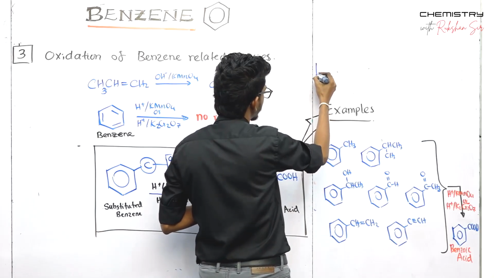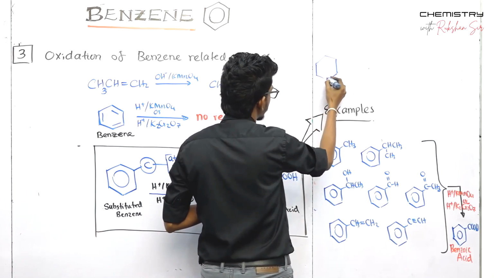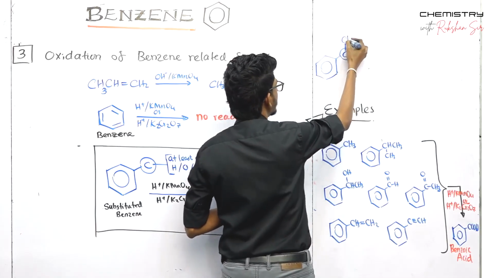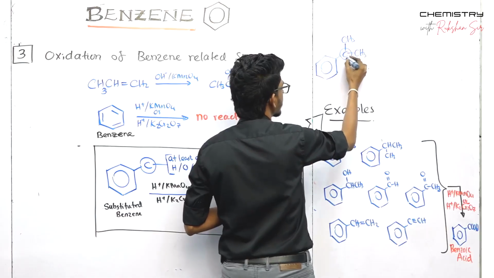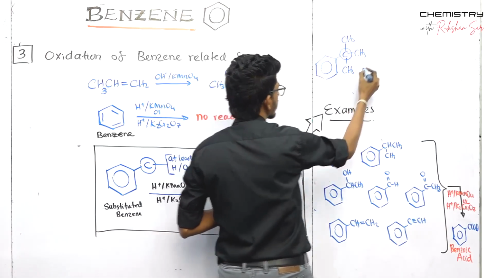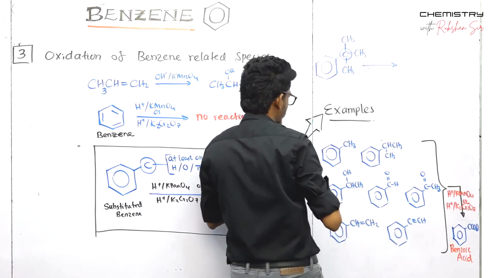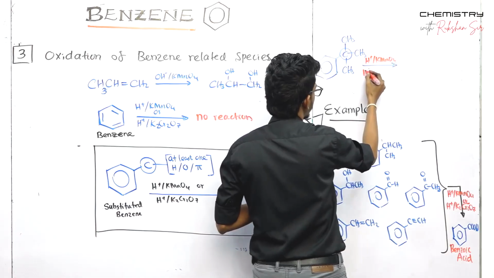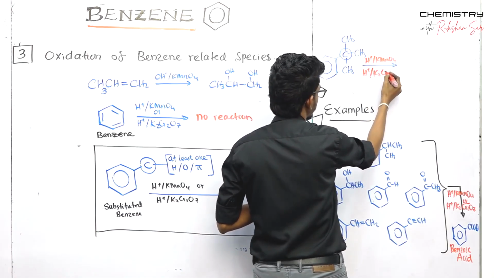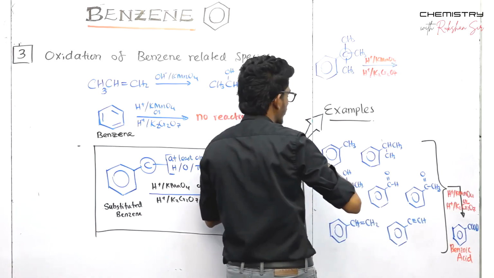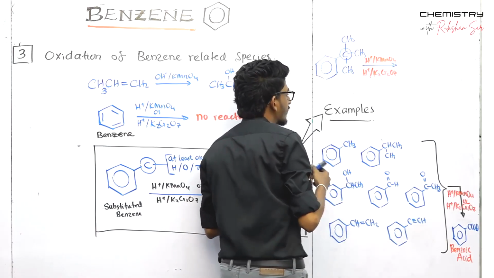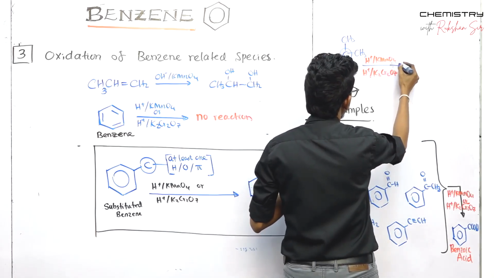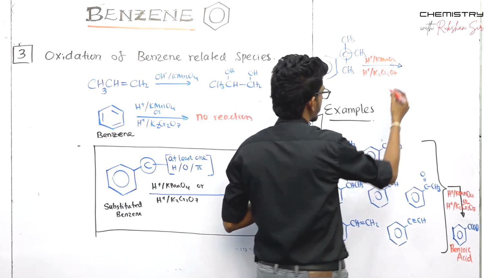When you are with a carbon which is with 3 R groups, so this thing is unable to produce the benzoic acid if this thing reacts with acidic KMnO4 or acidic dichromate, right? This one won't produce. No reaction.